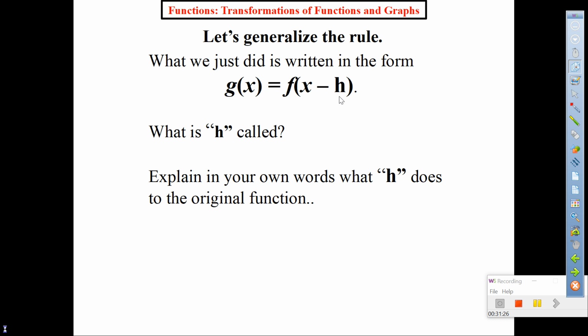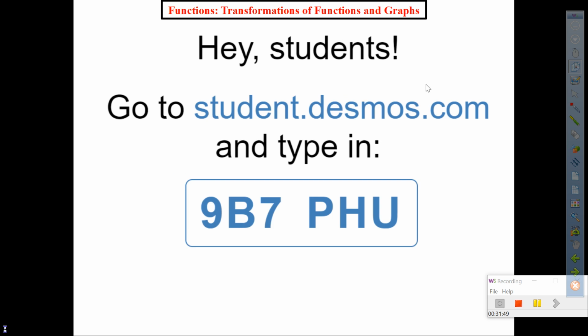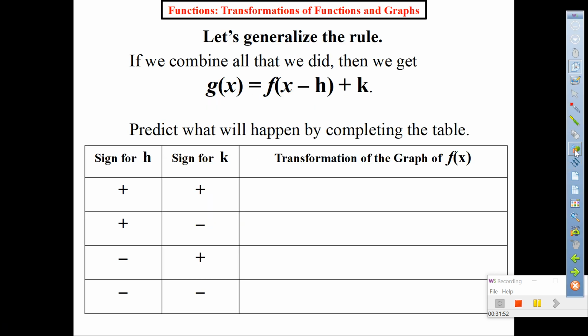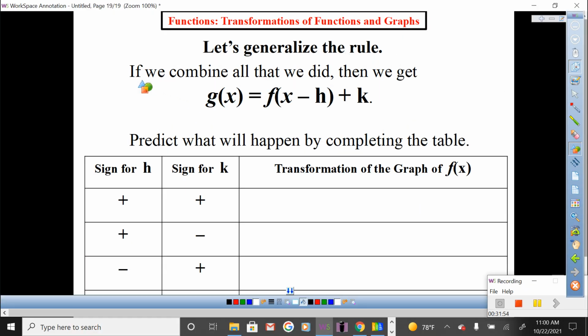Okay? However, before you write this, I'm going to give you now the rule with both k and h. Okay, here it goes. Copy this rule, please.